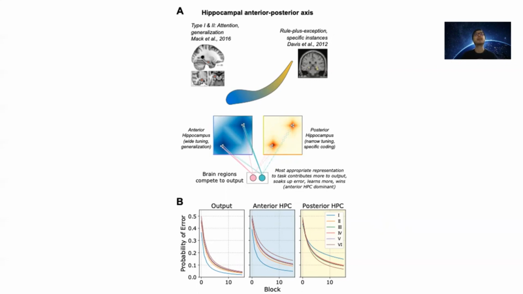So some types like type 1, which requires attention, benefit from this wide tuning, whereas type 6 and these rule plus exception types benefit from a narrow tuning. So you can see that we can also simulate this in 2 banks of neurons, which causes some output. And this matches human fMRI data with anterior versus posterior hippocampus.